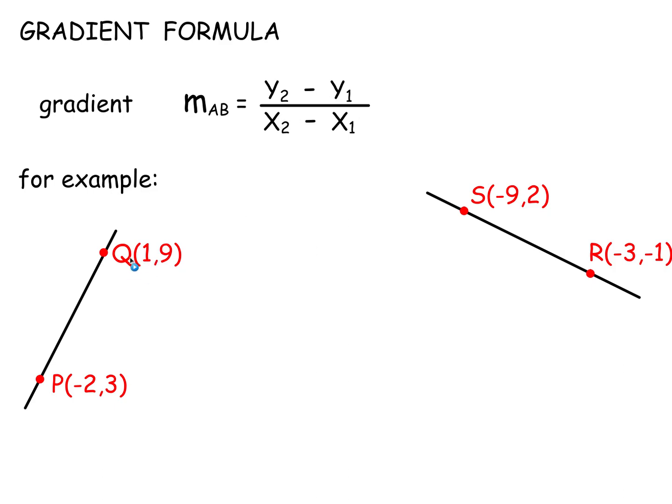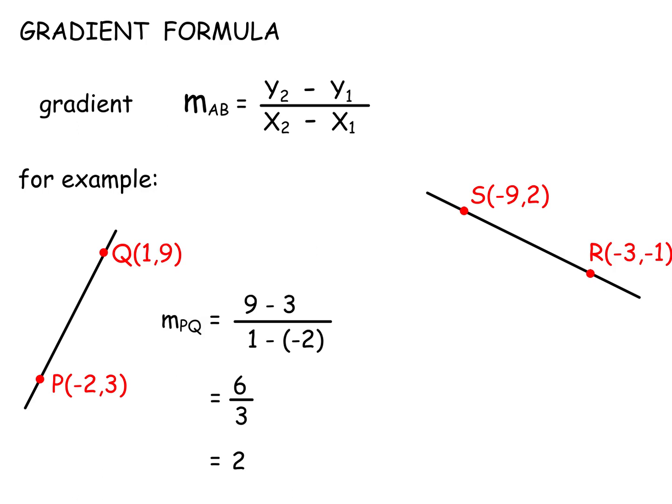So if I do Q minus P, the top line's 9 minus 3, the bottom line's 1 minus -2. Here it is. Y difference over x difference. 1 minus -2 is the same as 1 plus 2, which is 3. So we get 6 over 3, the gradient's 2.